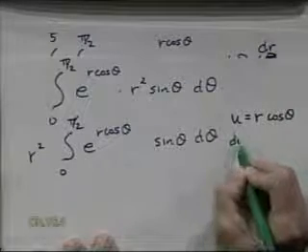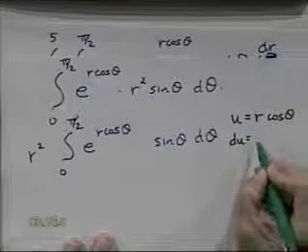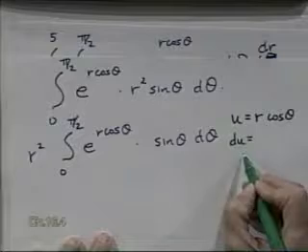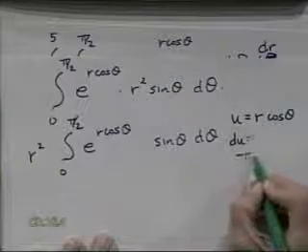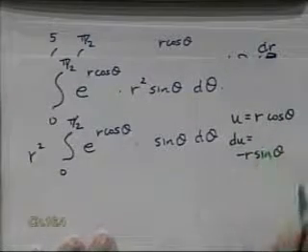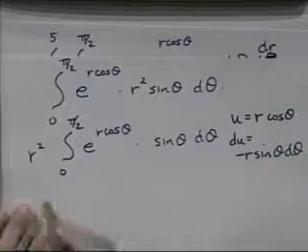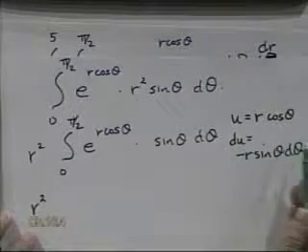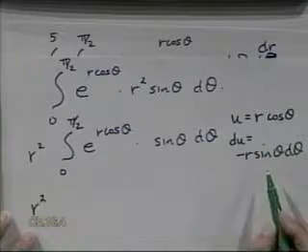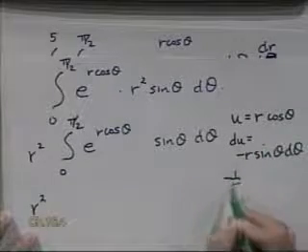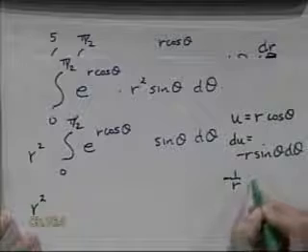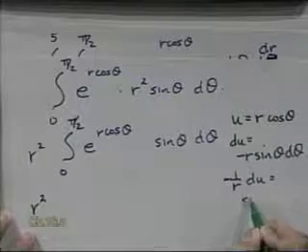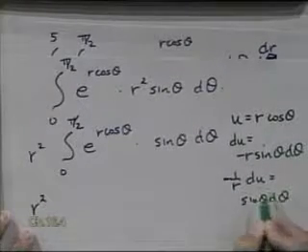So what does du equal? Derivative of cosine is minus sine d theta. Okay, so if I change this to u's, I have the integral. Now let's see. Minus 1 over r du is equal to sine theta d theta.